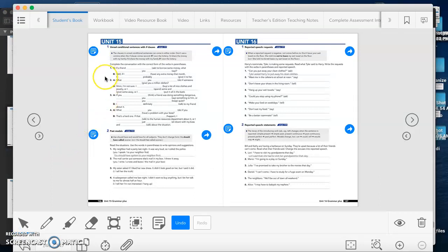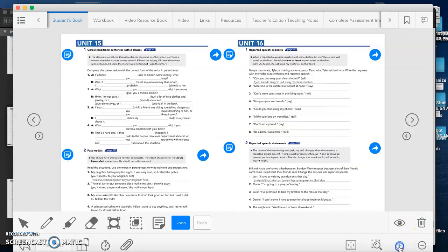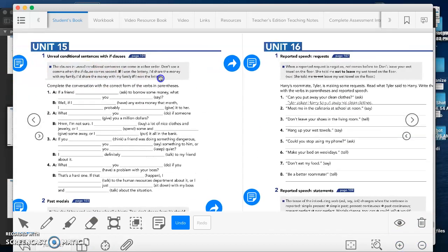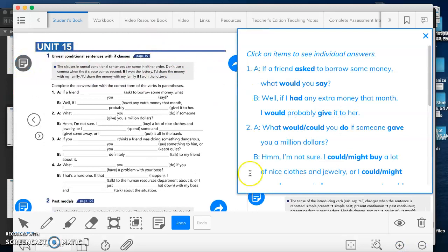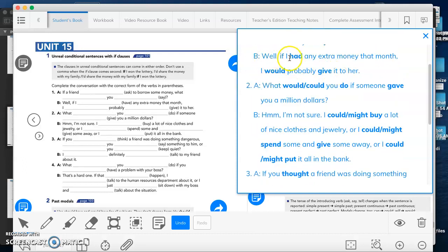So here we have Unit 15 on unreal conditionals with if clauses. Let's go ahead and click here. In the first one: if a friend asked to borrow some money, what would you say? Well, if I had any extra money that month, I would probably give it to her. What would or could you do if someone gave you $1 million?